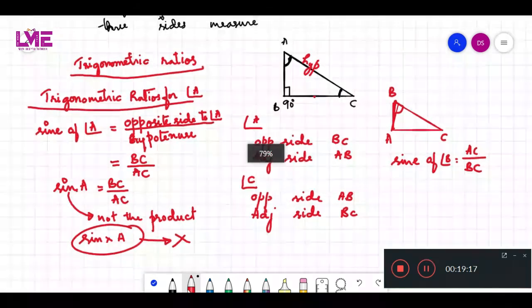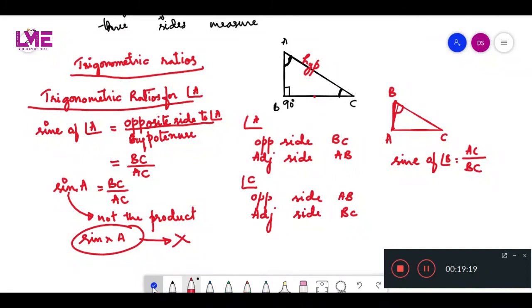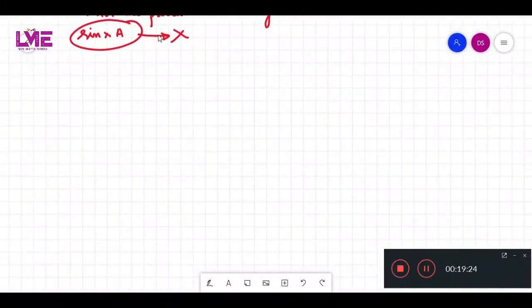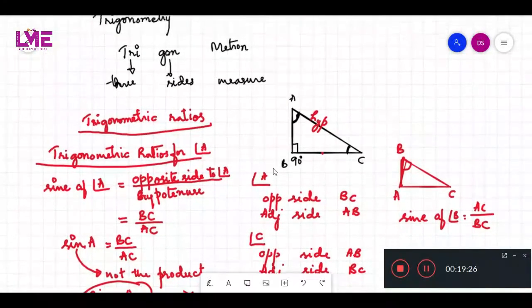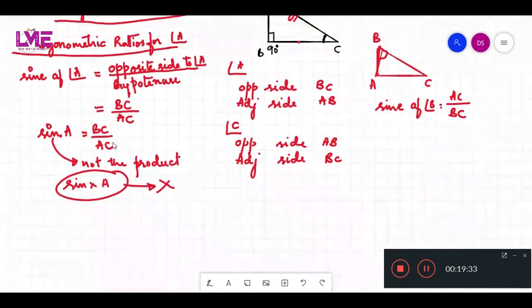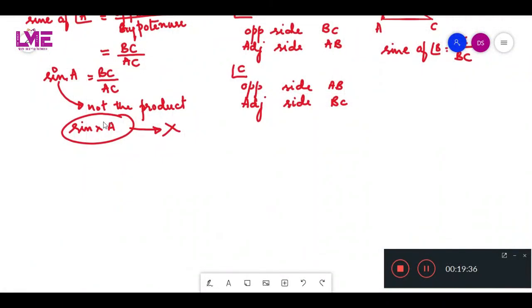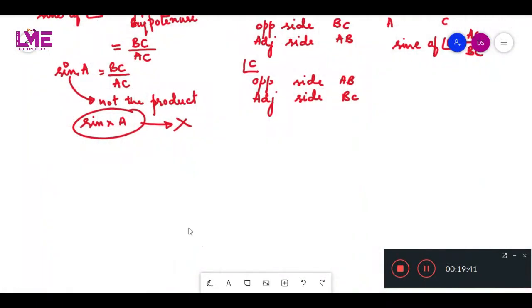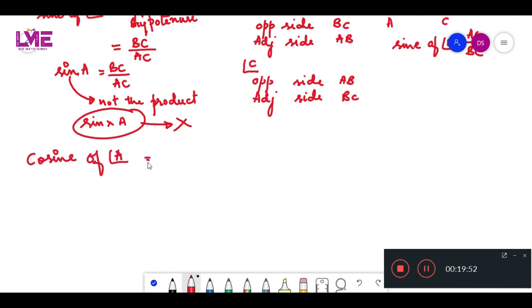Now let me take the second trigonometric ratio. Let me go a bit fast for the same triangle, this black triangle. Let me define a second trigonometric function. The second trigonometric function is cosine of angle A. Cosine of angle A is side adjacent to angle A divided by hypotenuse.